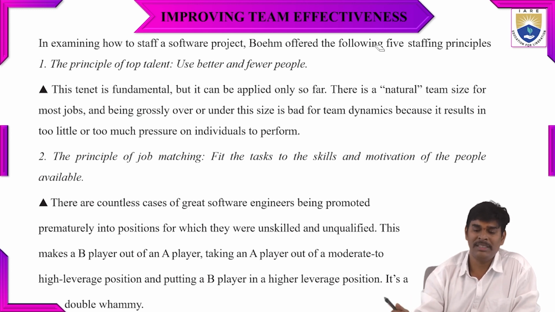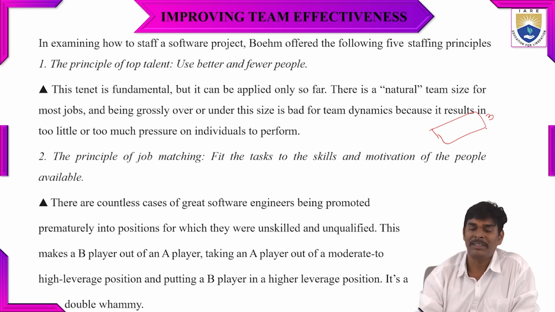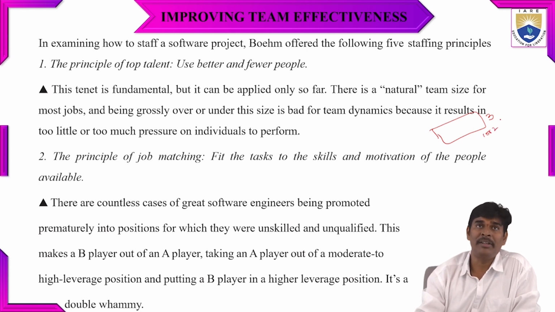Okay, so this is a natural team size for most jobs, and being grossly over or under this size is bad for team dynamics. So what we have to do means we need to check what the size is, so the team should be of optimal size. For example, if the team size is 3, at least we need to consider 1 or 2 persons to be very talented.